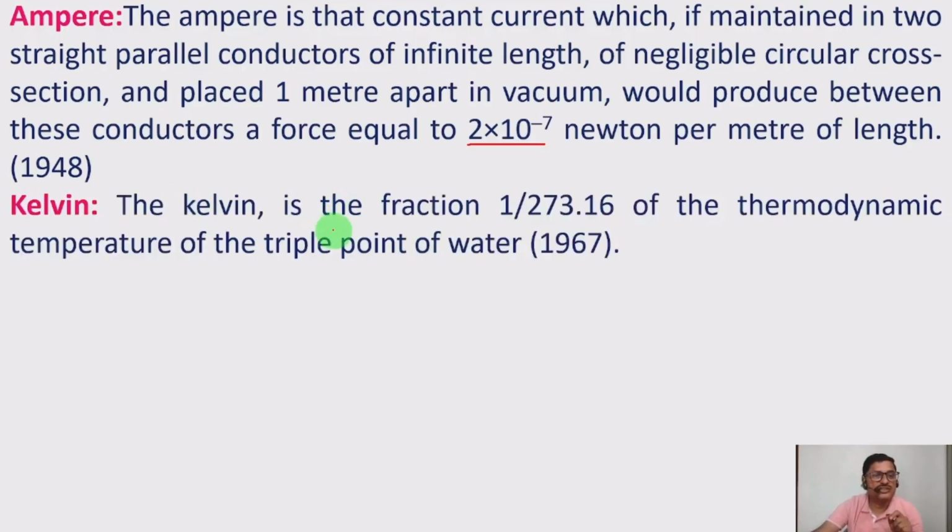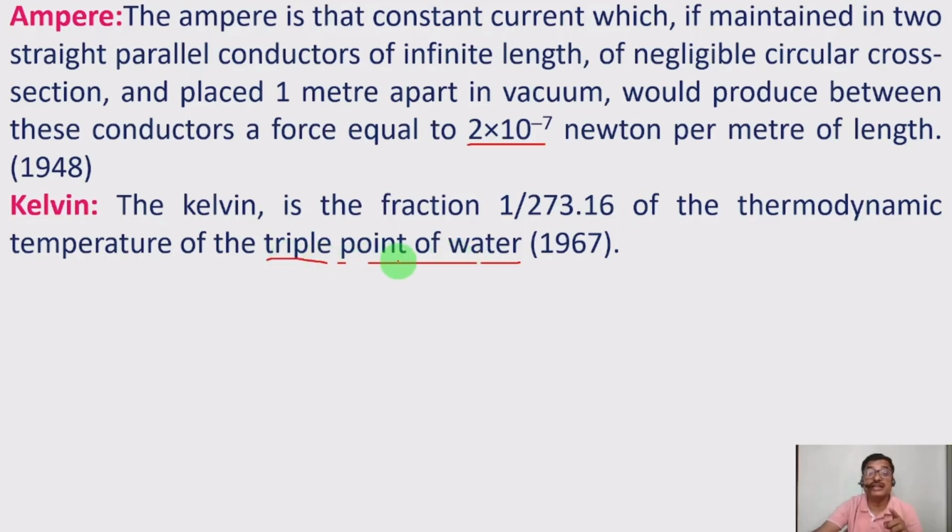Kelvin is the unit of temperature in SI. The Kelvin is the fraction 1 by 273.16 of the thermodynamic temperature of the triple point of water. The triple point of water is the point at which all three phases of water, solid ice, liquid water, and water vapor, coexist in equilibrium at one particular point.